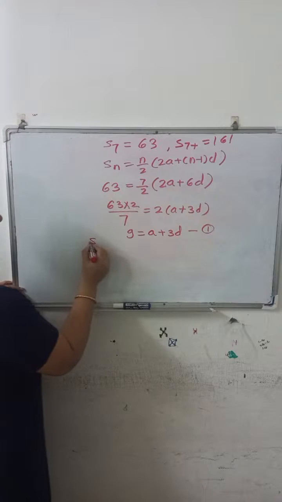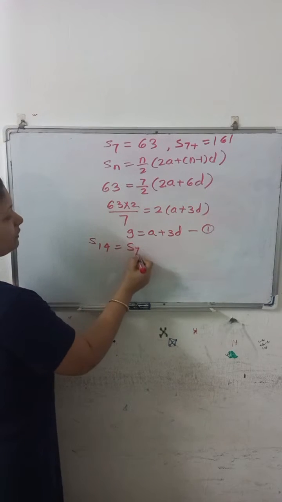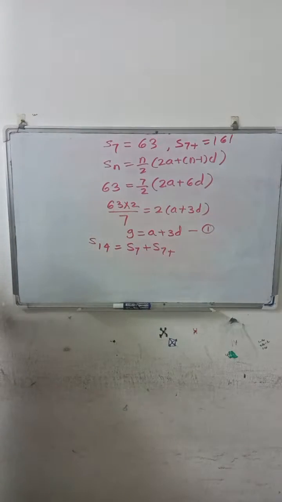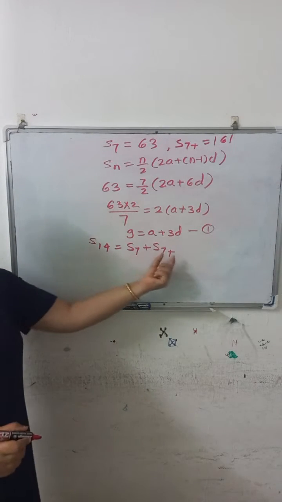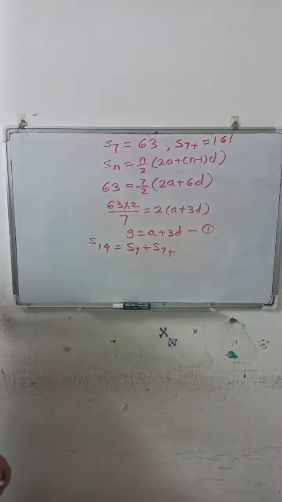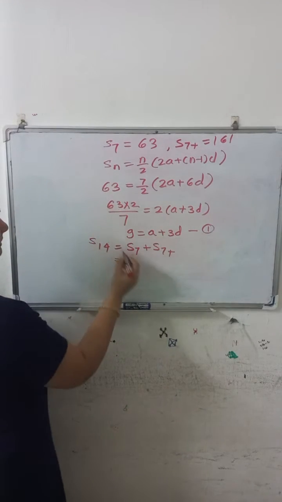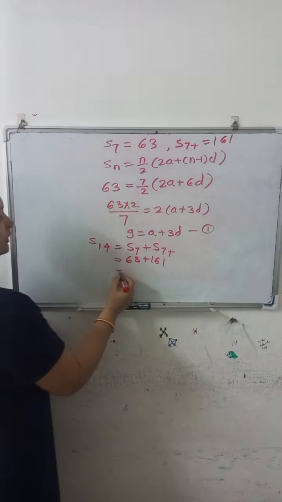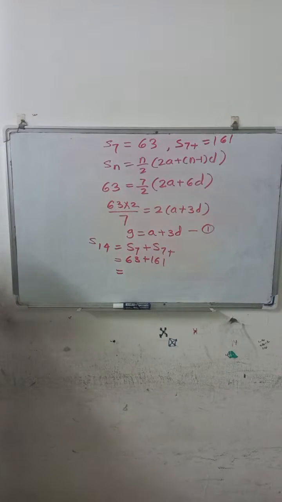So here can I write S14 is equal to S7 plus the next S7? This is the first 7 terms and this is the next 7 terms. The sums given are 63 plus 161. So you will get the sum of the total 14 terms.